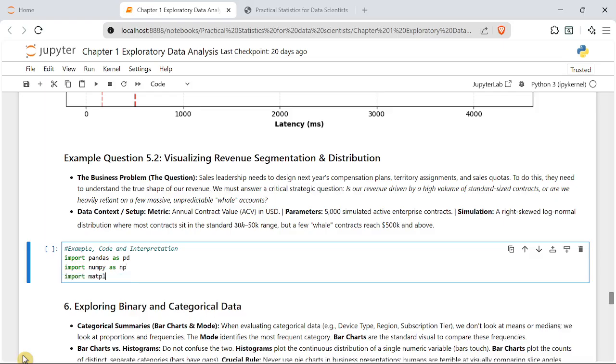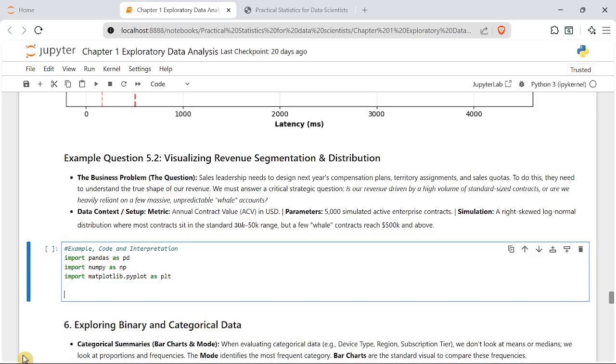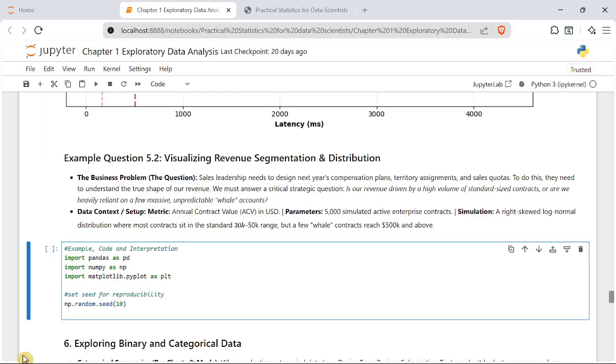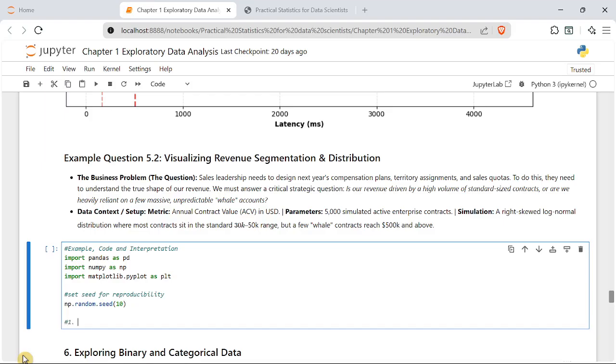Import matplotlib.pyplot as plt. Set seed for reproducibility: np.random.seed(101).